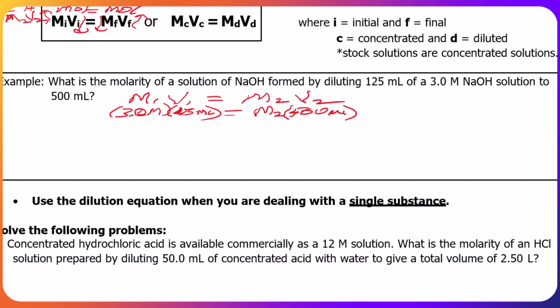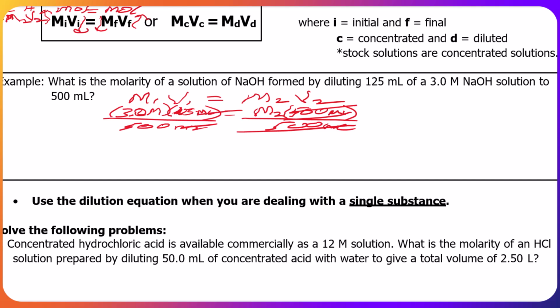3 times 125. And what do I need to do? It looks like what I need to do is simply divide by 500 milliliters. It'll cancel over here, so I'm going to do the same thing to this side, 500 milliliters, and milliliters cancel.